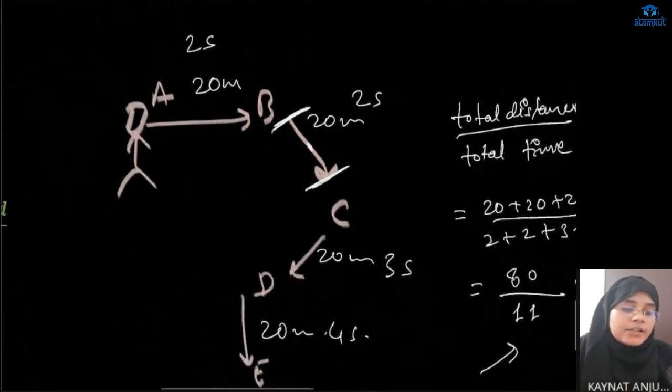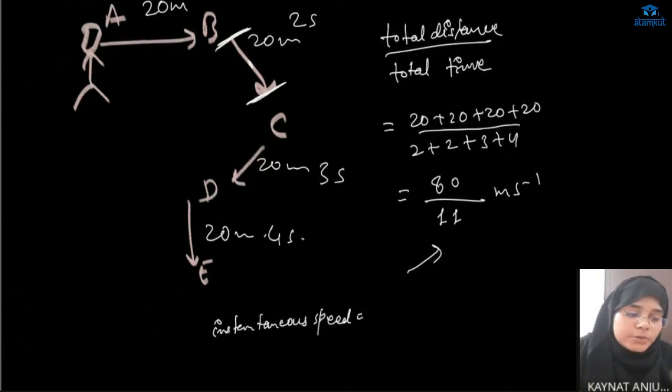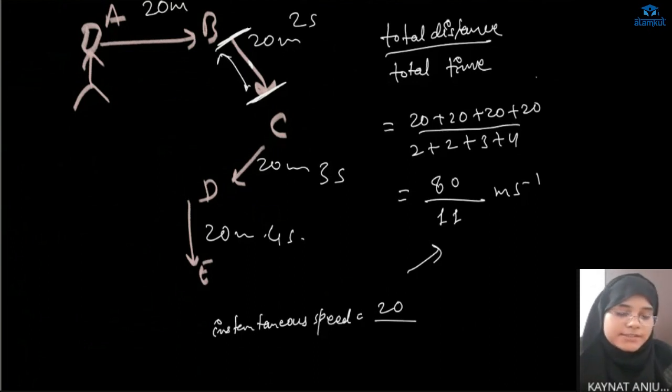It means the distance traveled in this instant of time is 20 meters, and the time taken to cover this distance will be 2 seconds. So this will be 10 meter per second.